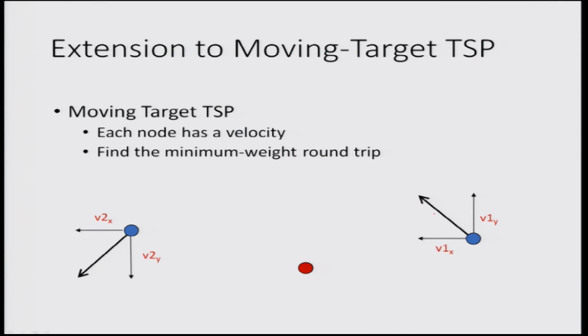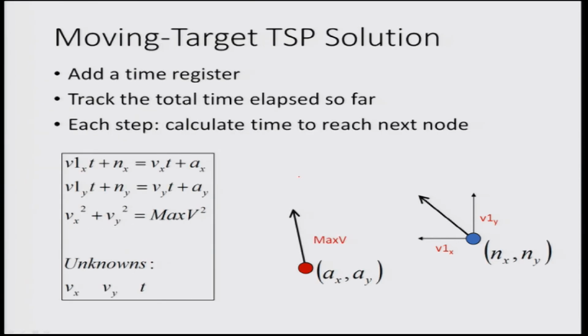In this moving target TSP, each node has a velocity. We find the minimum weight round trip for each of them. So, we add a time register to track the total time elapsed so far for each of these motions. At each step we calculate the time to reach the next node as the motion occurs, and the unknowns for us are the velocity components v x, v y, and the time.